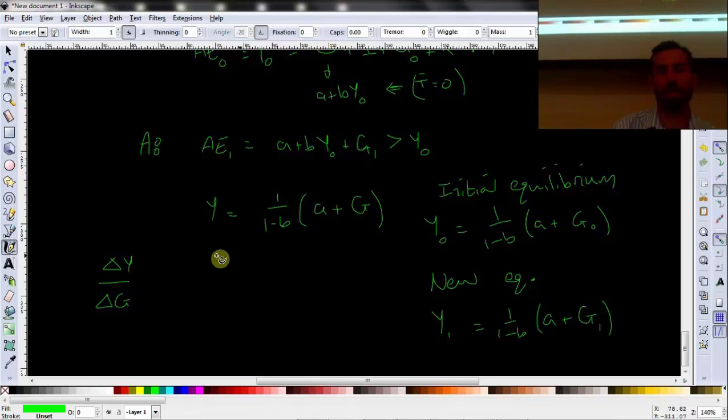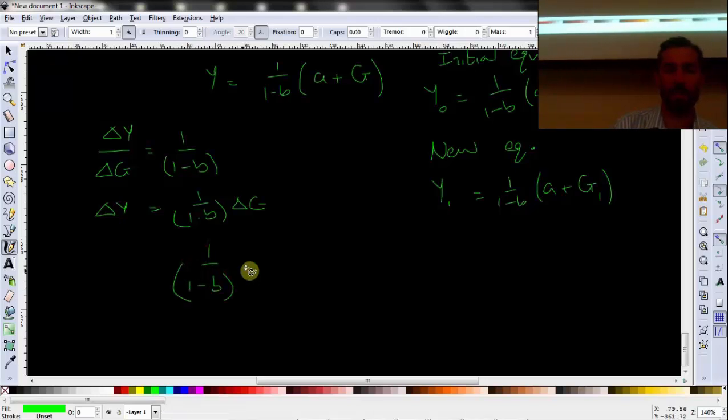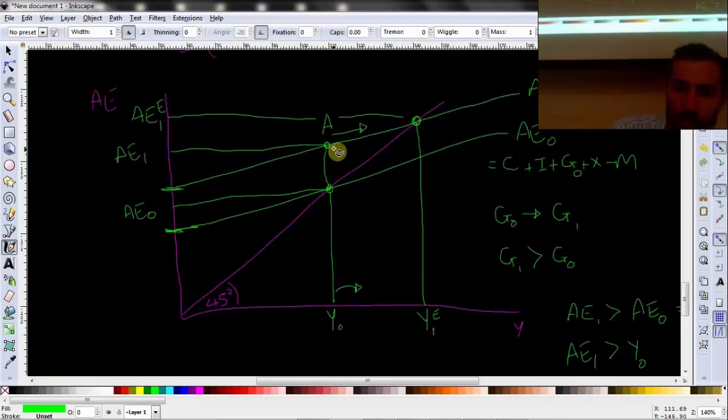Change in Y is equal to 1 over 1 minus b times change in G. So, if our change in G is G1 minus G0, where is G1 minus G0 on our graph?